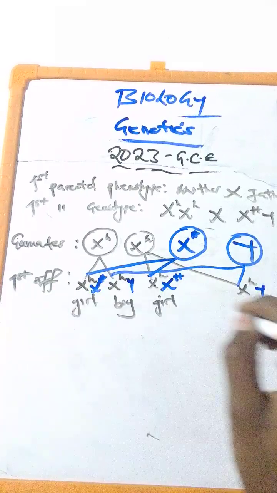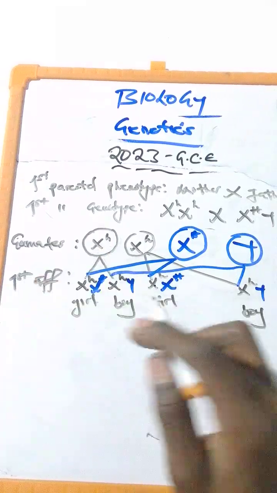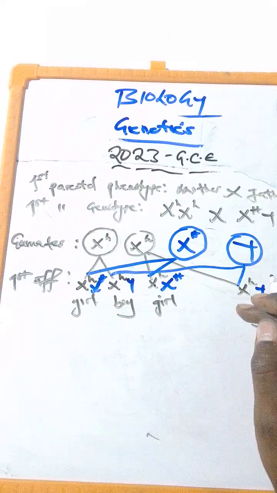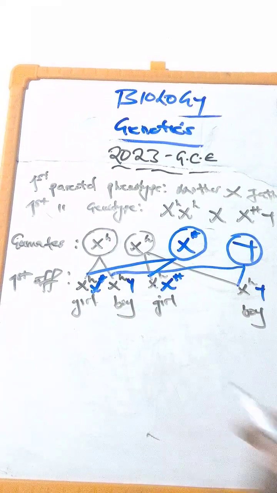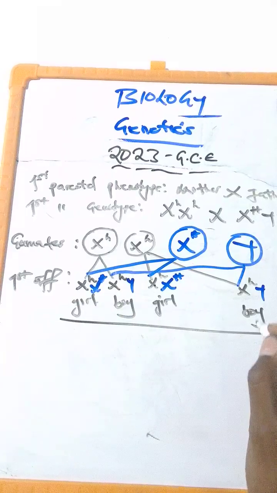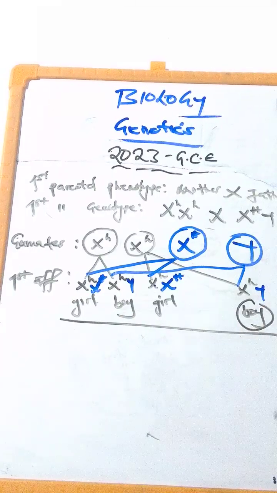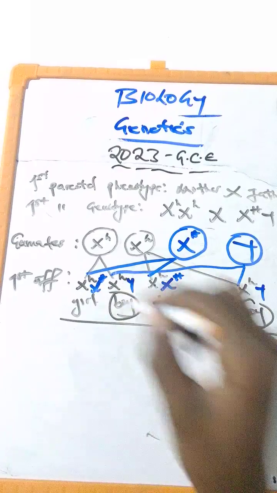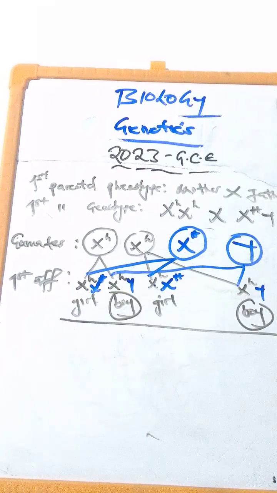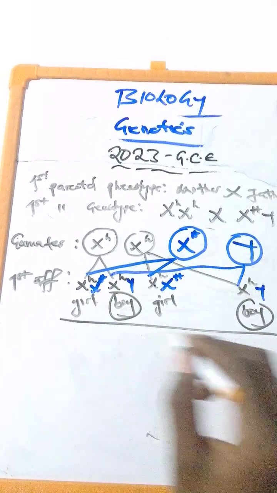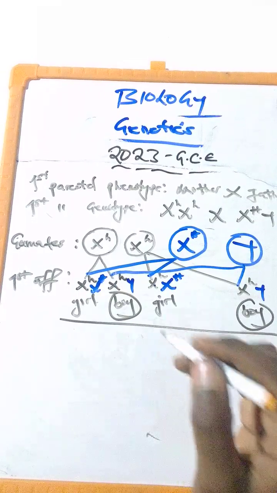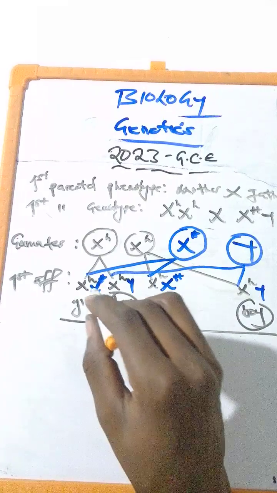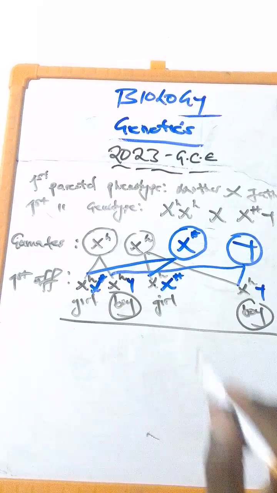So this is the phenotype which we're talking about. So we have shown that this boy was hemophilic and this boy was hemophilic. So the ratio: the boys were hemophilic and the girls were carriers.